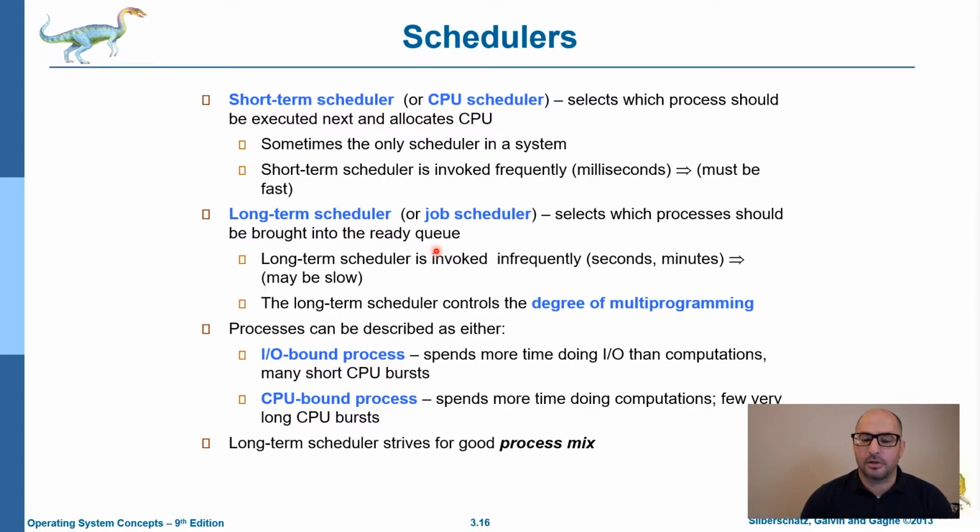A long-term scheduler, to reduce the total amount of time that it takes to execute all of the jobs, might want to interleave those I/O-bound and CPU-bound processes to maximize the CPU usage and the I/O device usage. That way, it reduces the total amount of time that it takes to complete all the jobs in the long-term scheduler queue.